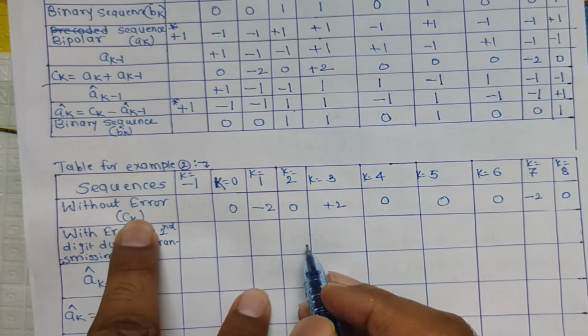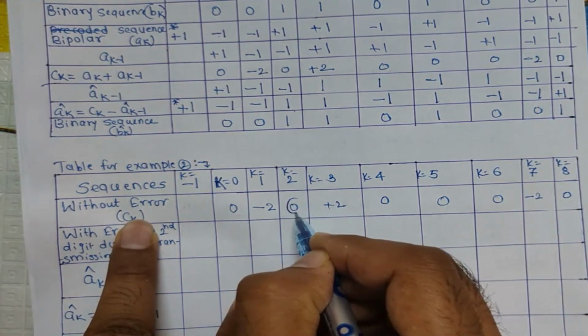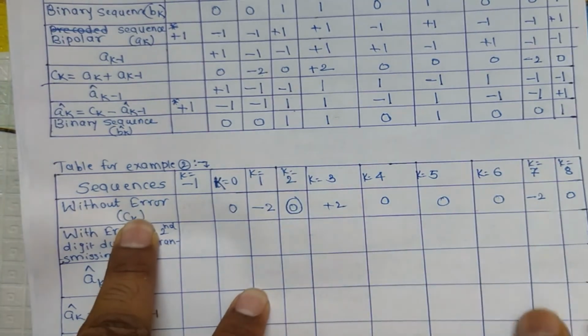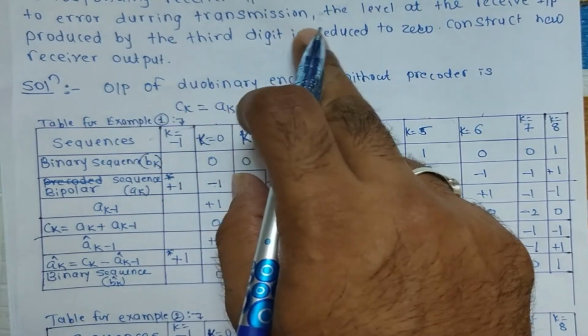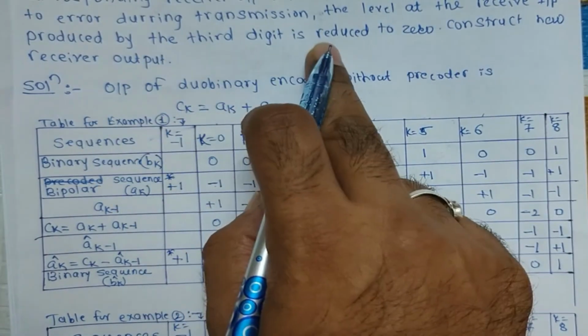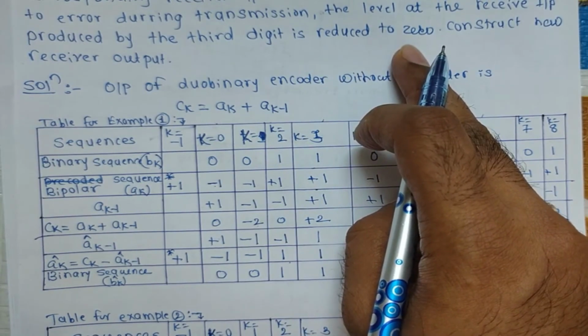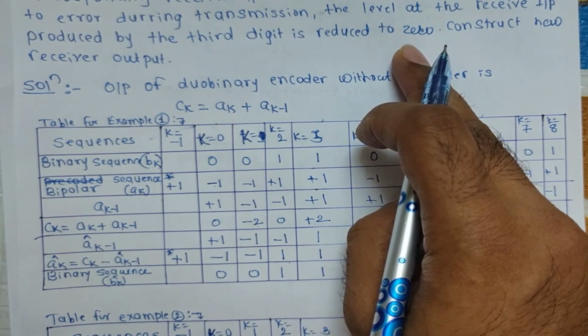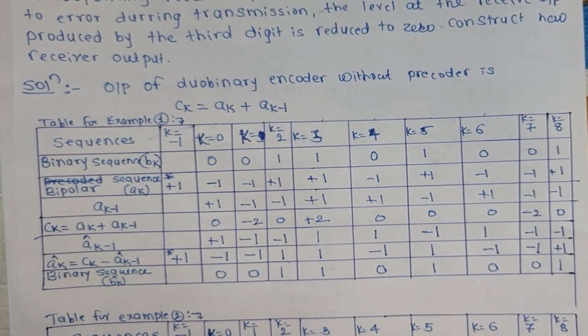Now the error is generated in which bit? Third bit, that is first, second, third. Suppose that due to the error during transmission, the level at the receiver input produced by the third digit is reduced to 0. Sorry, it is not given in the third digit, it is in the second digit.